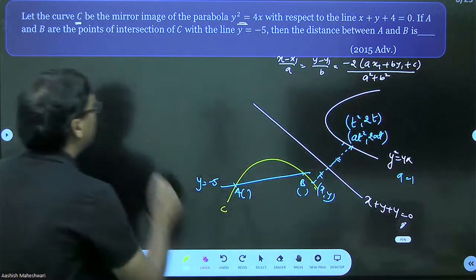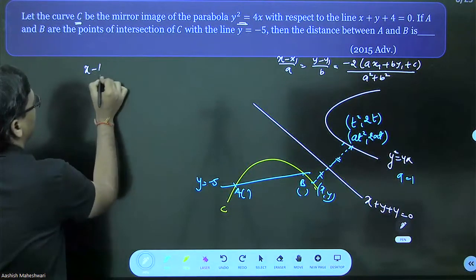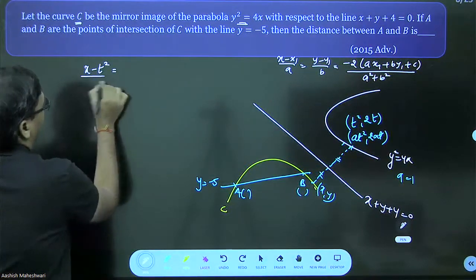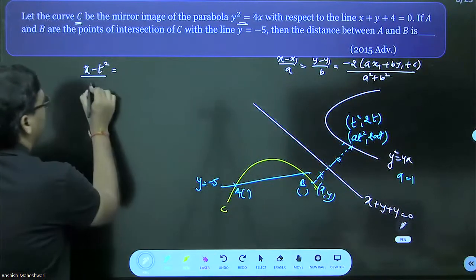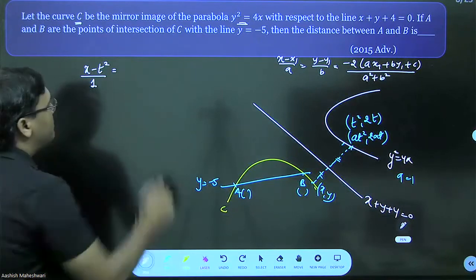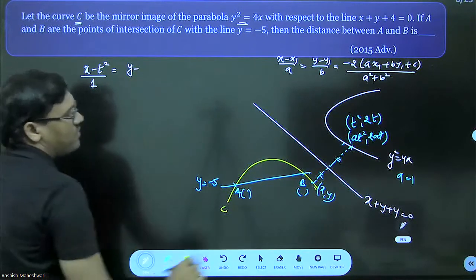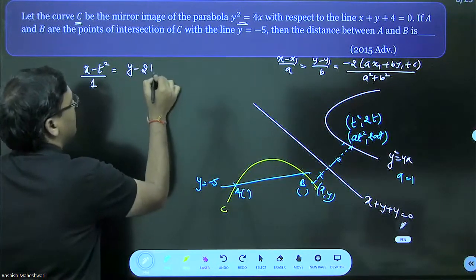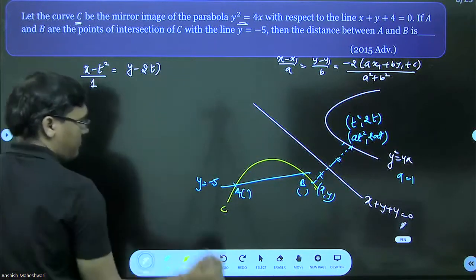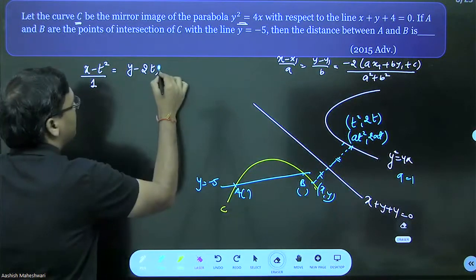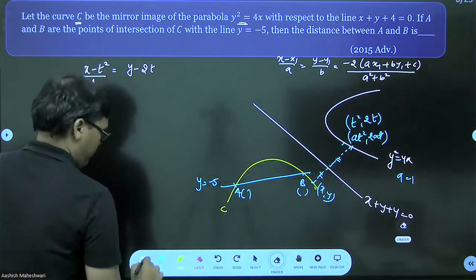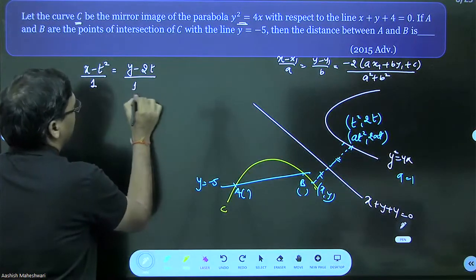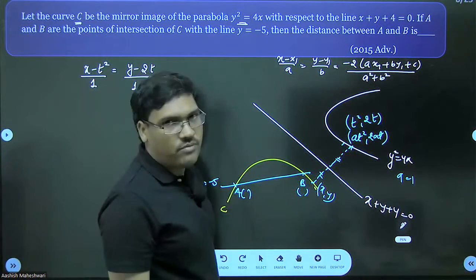So this is x minus x1 upon a. What is a? This is the line x plus y plus 4, so that is 1. A is the coefficient of x. This is y minus y1. What is y1? This is 2t. We have to write the mirror image of this t square comma 2t upon b, sorry. What is b? Right?